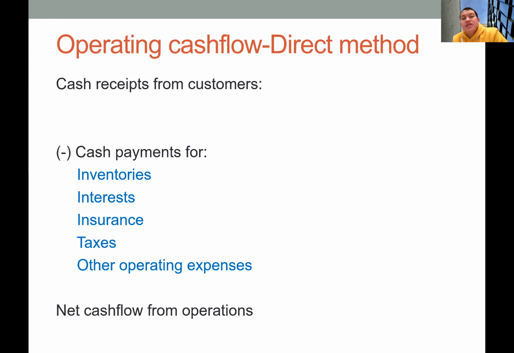Let's start with the direct method. In the direct method, we start with the total cash received from customers. So we have to calculate the total cash received from customers. The most logical way to calculate this cash collection is to use what we call the account receivable cycle.